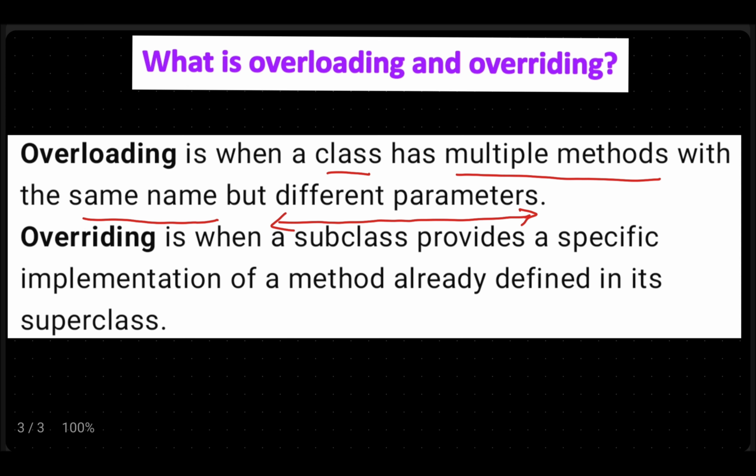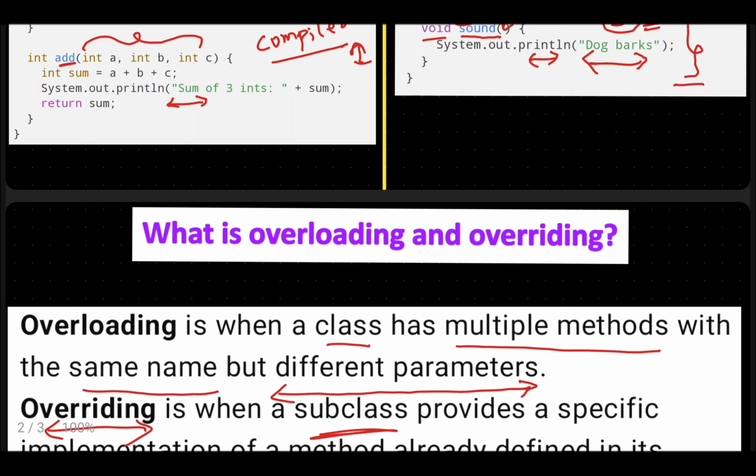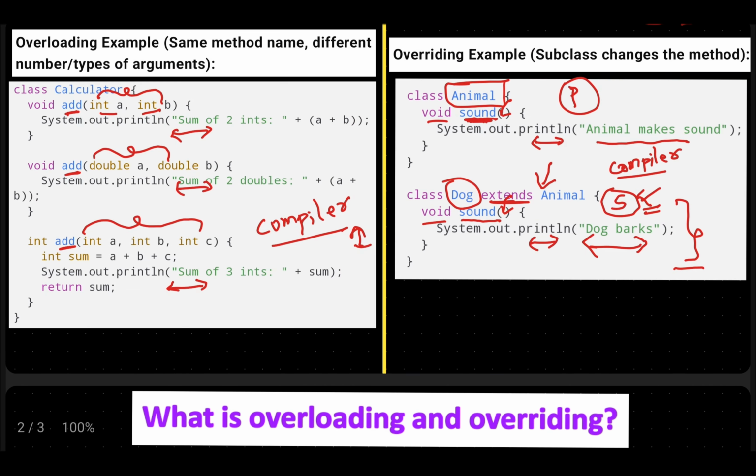On the other hand, overriding is also a concept of object-oriented programming where a subclass provides a specific implementation of a method, or a different version of a method, that has already been defined in its superclass, sir. Even you can give this kind of small example if he asks, and it will be over.